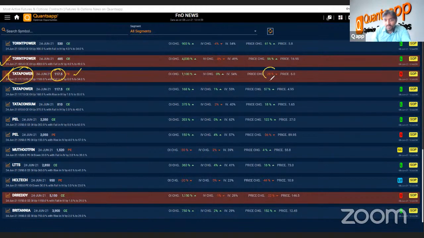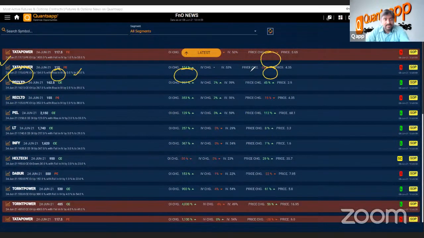The price changed almost 28% negative, but the OI change is very huge, right? Same as Torrent Power, the 485 call option has a 400% jump in OI, and the price has jumped almost 56%. So that's very easy to catch, right?